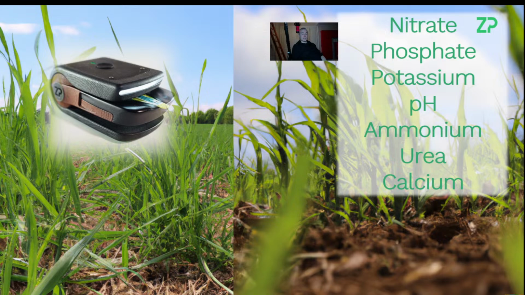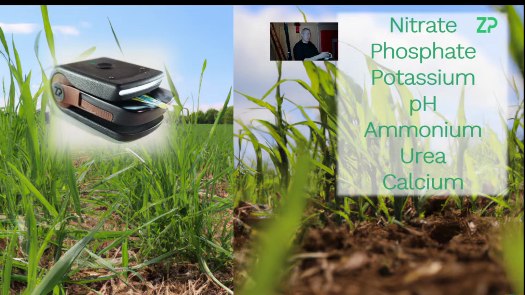The history to this is that at ZP we do a lot of sensors for human health. Let's start with potassium. It's the easiest one. Potassium is a very commonly measured analyte in human health. Similarly, ammonium, urea, and calcium.